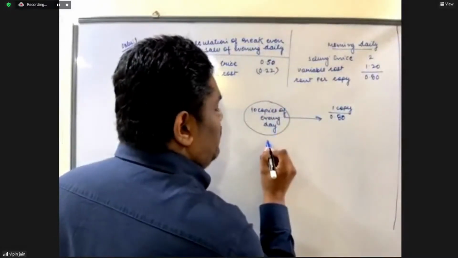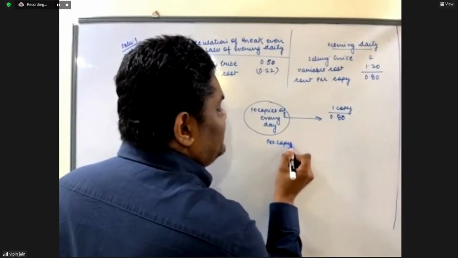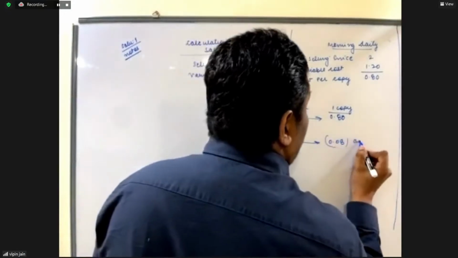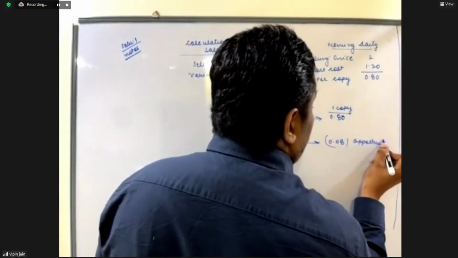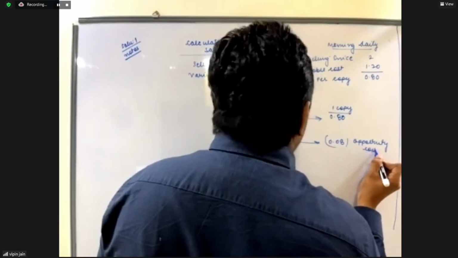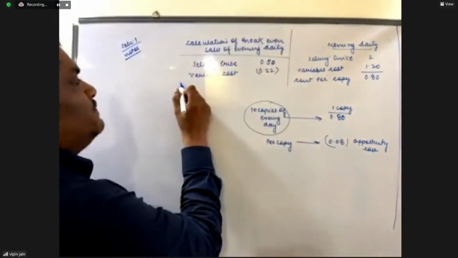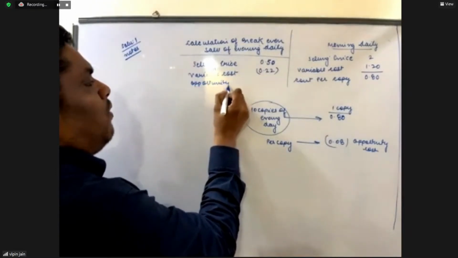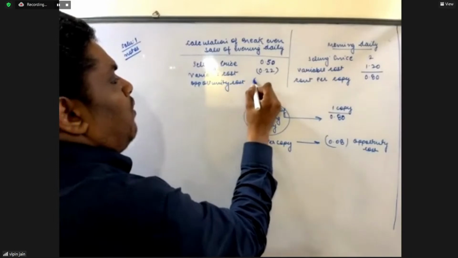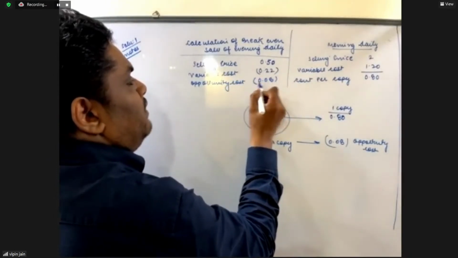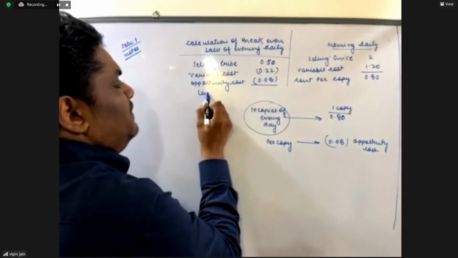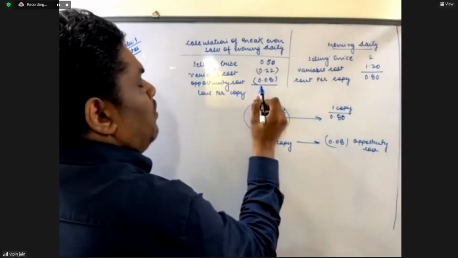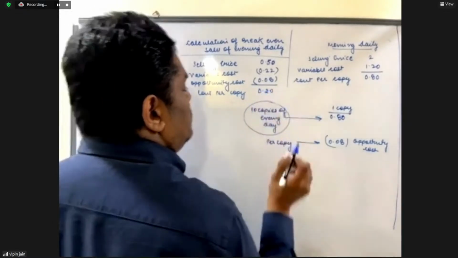So we can say for per copy, how much am I losing? 8 paisa. So this is my opportunity cost. So this will also be deducted. That is 0.08. So my contribution will be how much? 0.20.